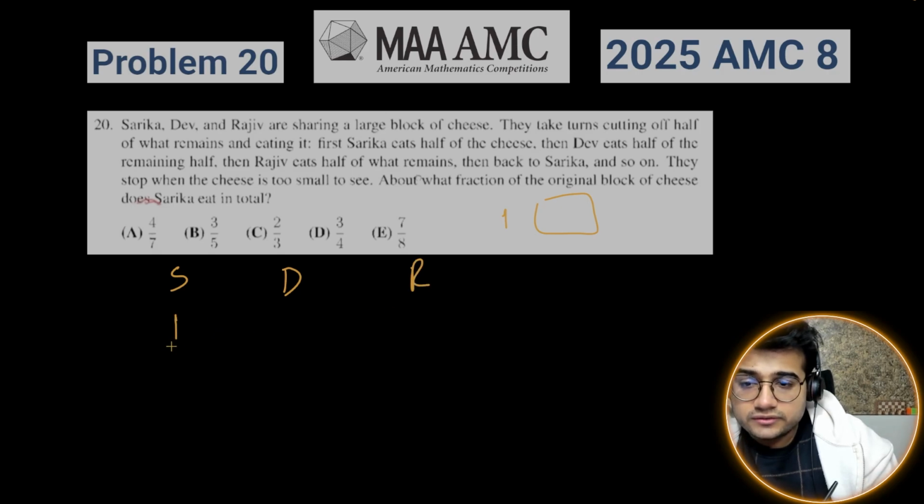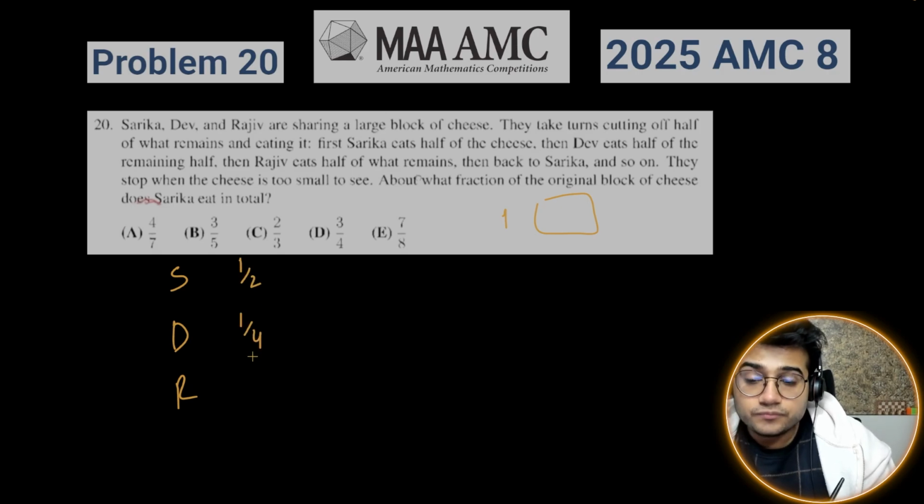So Shakira eats half of it, Dev eats half of half, which is going to be 1/4, and then Rajiv eats half of that, which is going to be 1/8. Then again, Shakira will eat whatever is remaining.